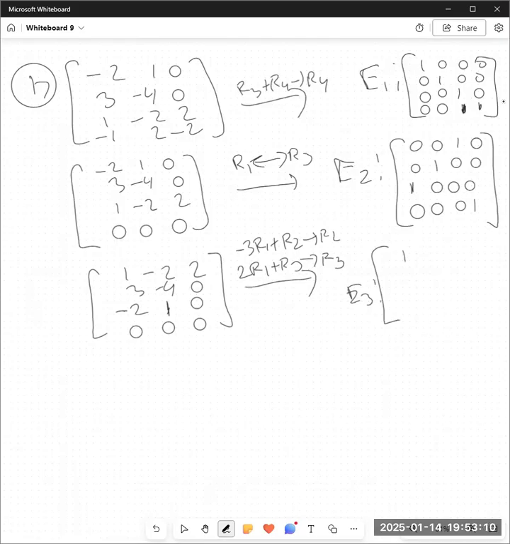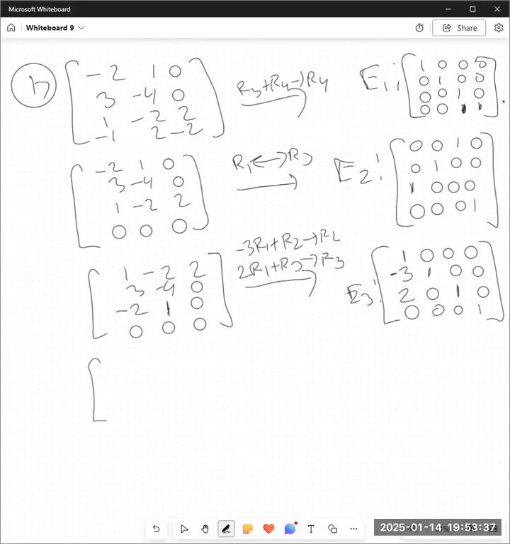So we're going to leave row 1 alone. And row 2, we're going to add a -3 row 1 to row 2. And row 3, we're going to add 2 times row 1 to row 3. And then row 4, we have left alone, like that.